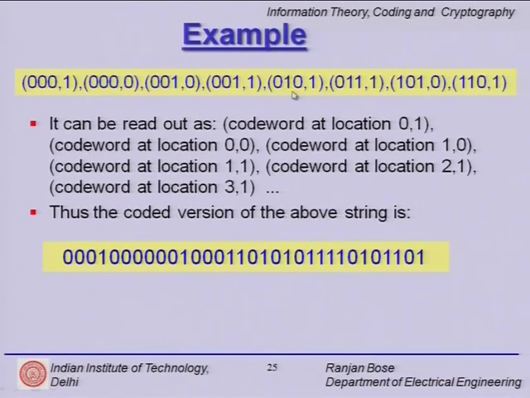But then it looks at this fifth one, it says 0 1 0 second location. What is in the second location? Bit 0, and what is the innovation bit? 1. So 0 1, and so on and so forth. So decoding is pretty easy, it can be done very simply in a Lempel Ziv encoding algorithm.